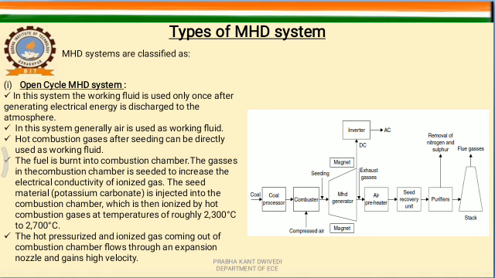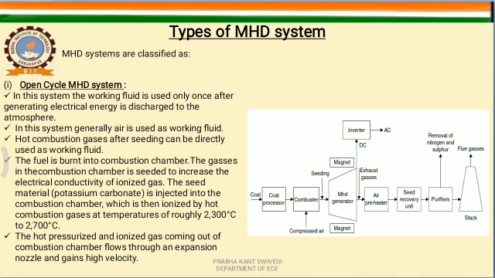There are two types of MHD systems. The first one is the open cycle MHD system, because in this system the working fluid is used only once. After generating electrical energy, it is discharged to the atmosphere through a stack or chimney.